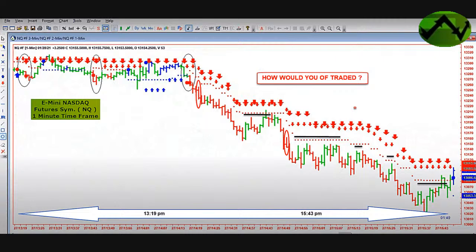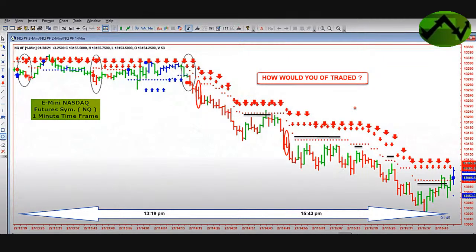All right, let's take a look here. This one shows, let's see here, at about 2:20 we have a sell signal, confirmation, triple confirmation.